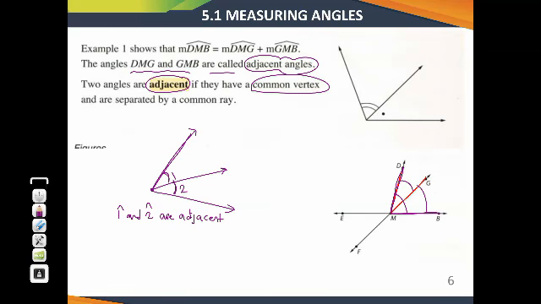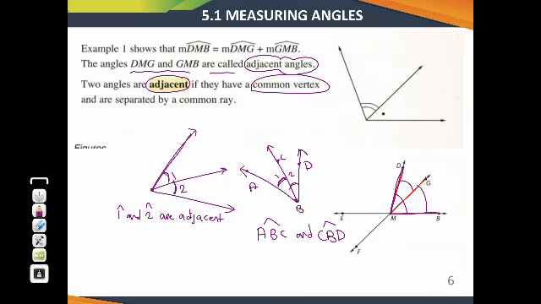For example, another example, if you have it like this, we have A, B, C and D. So angle ABC and CBD, are they adjacent or not? We have two different angles. This is angle 1, this is angle 2.